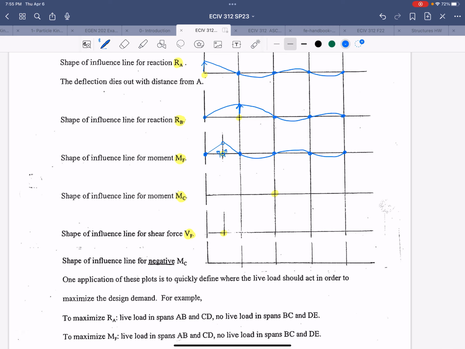For the moment at C, all of our support conditions must be met, including the one at C. All right. We're going to add a hinge and force it through a unit rotation. So the hinge at C cannot displace up or down because the support condition must be met. On the right side, that clockwise rotation will force the beam to deflect downward.